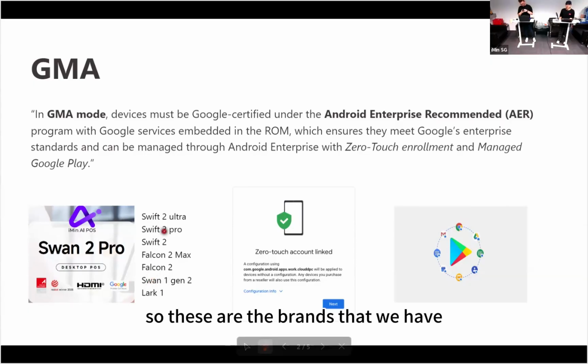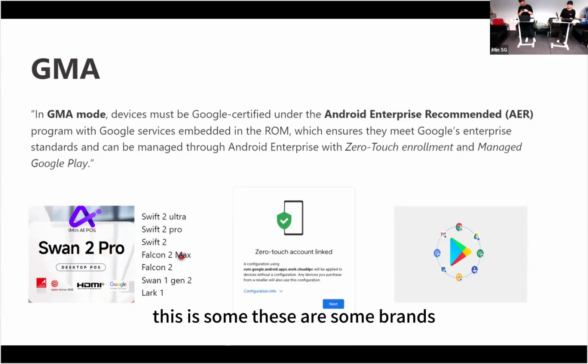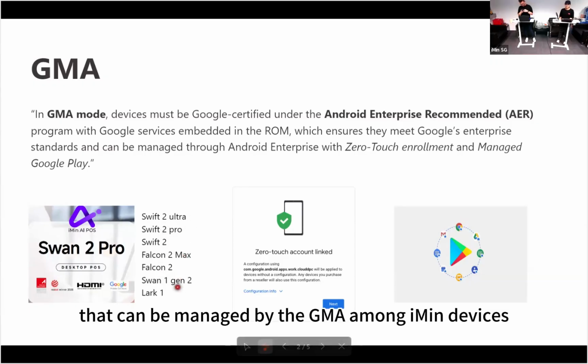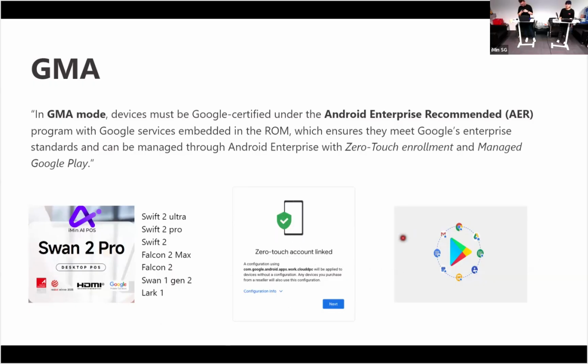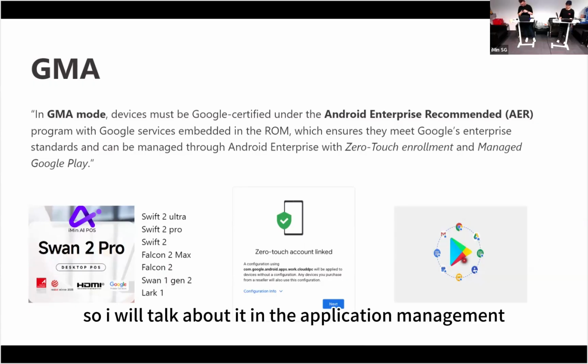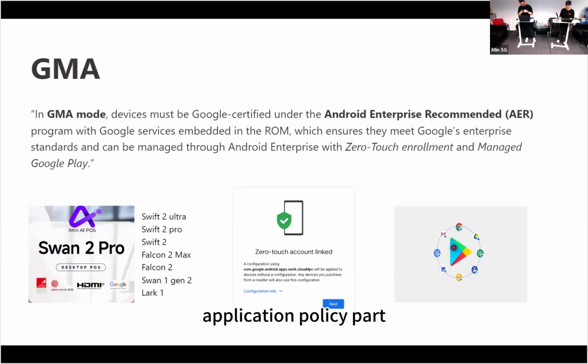So these are some brands that can be managed by the GMA of iMin devices. And this is the Zero-Touch enrollment method that I will talk about later. So this is managed Google Play. So I will talk about it in the application management application policy part.